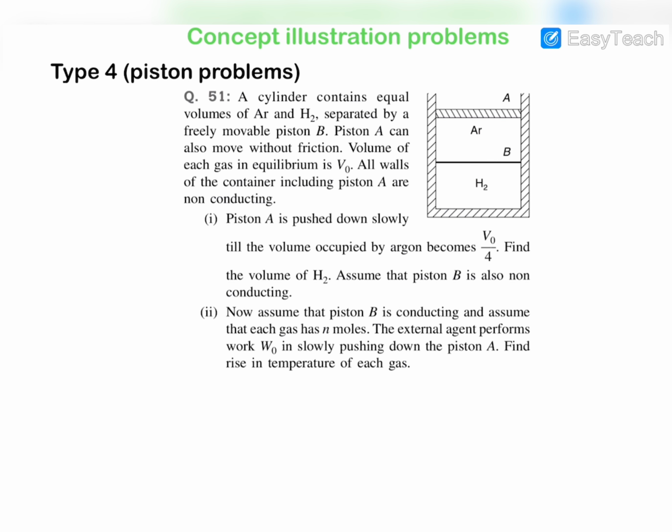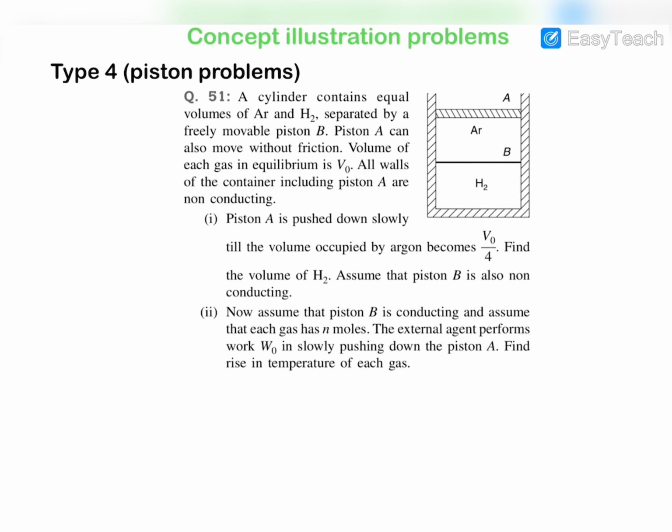In the first part it is given that piston B is also non-conducting, and piston A is pushed downwards slowly till the volume occupied by the argon becomes V naught by 4. We have to find the volume occupied by hydrogen after compressing the argon.